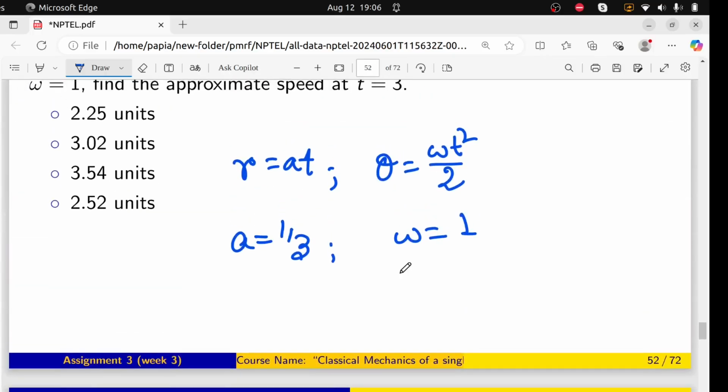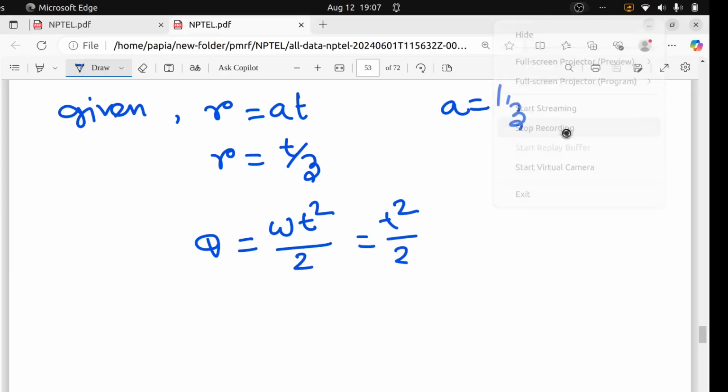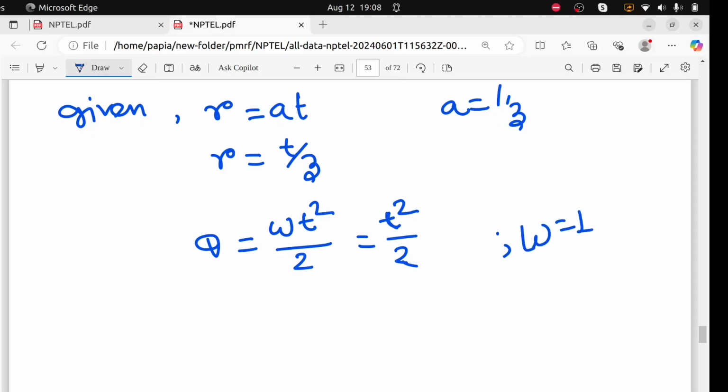And theta equals omega t square by 2, and omega equals 1. So theta equals t square by 2, because our omega is given as 1.